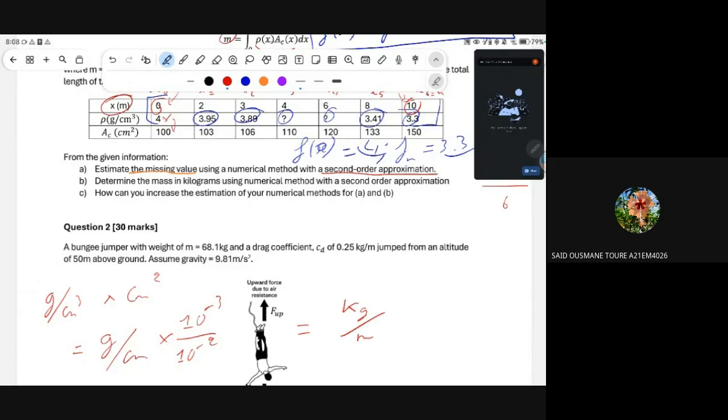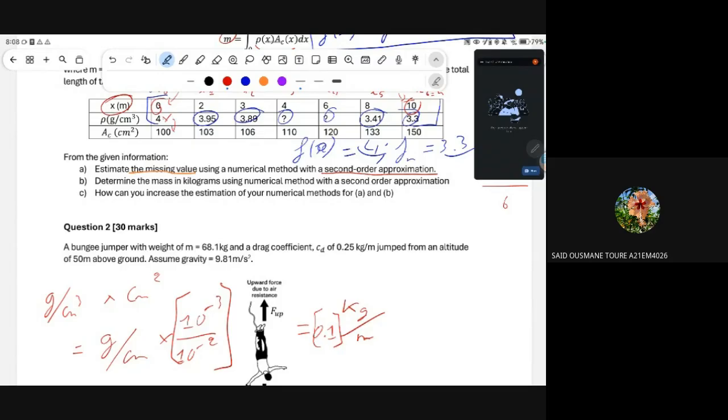Okay? That equals 0.1 kilogram per meter. Understand? 10 to the power of minus 3 over 10 to the power of minus 2 equals 0.1.